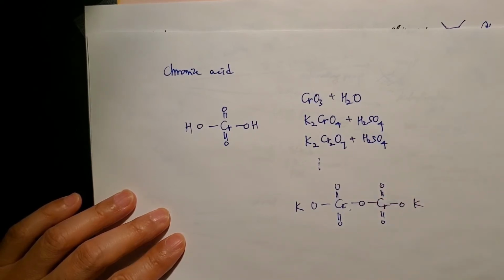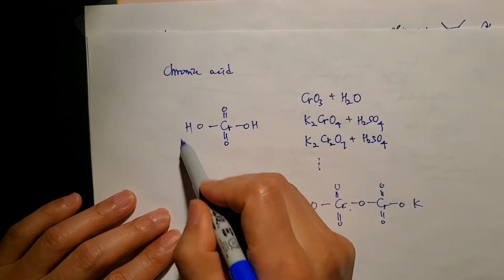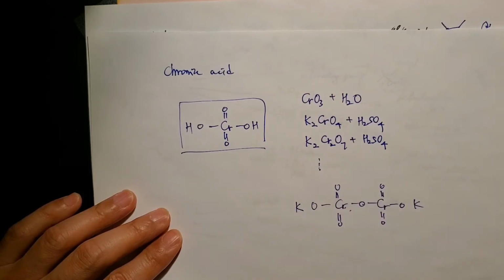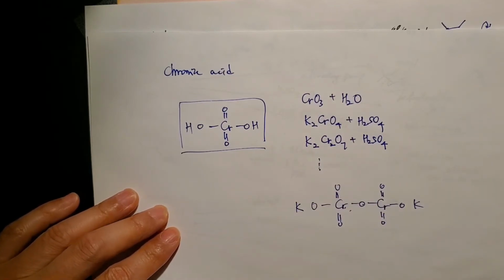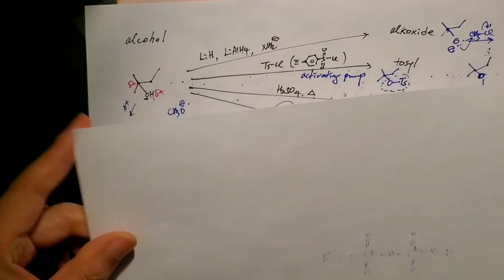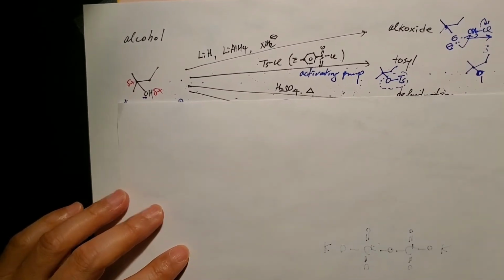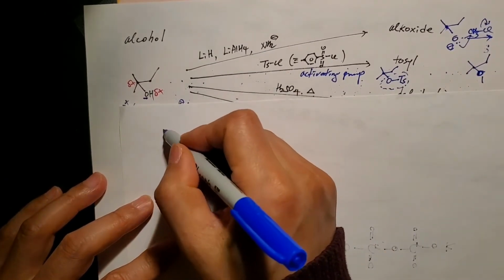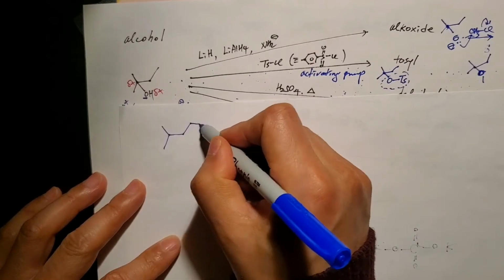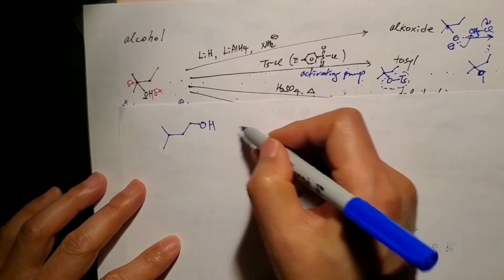So whichever way they give it, I hope you can deduce that as chromic acid right here, so I can show you the reaction. Let me show you the mechanism with a primary alcohol.